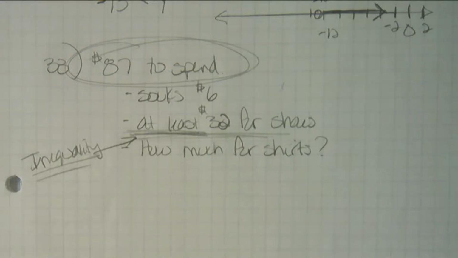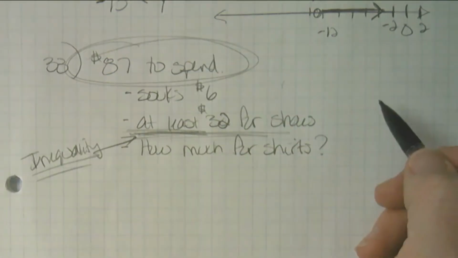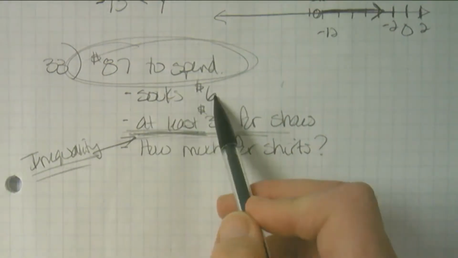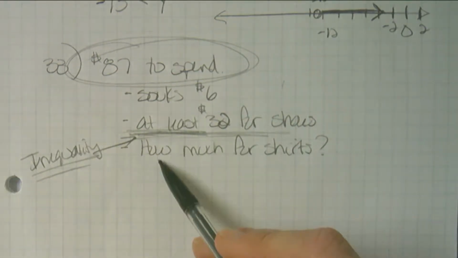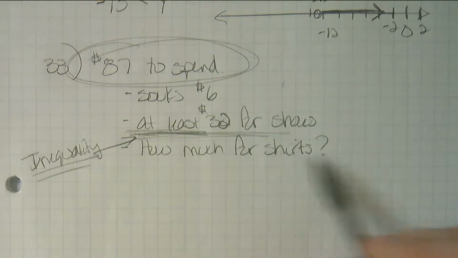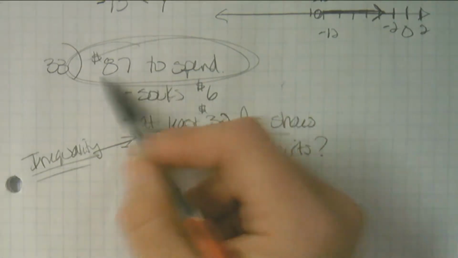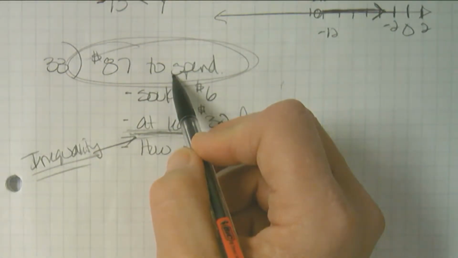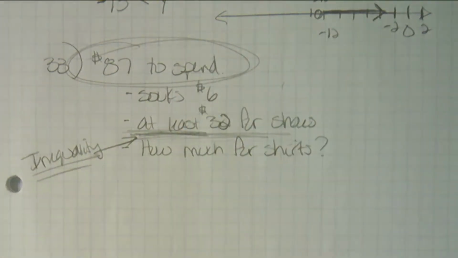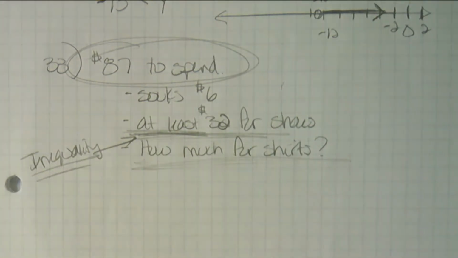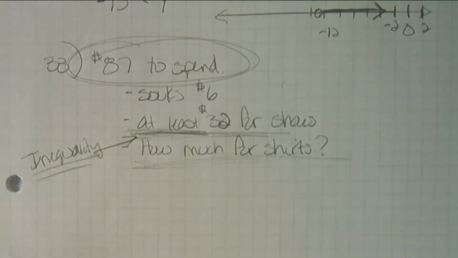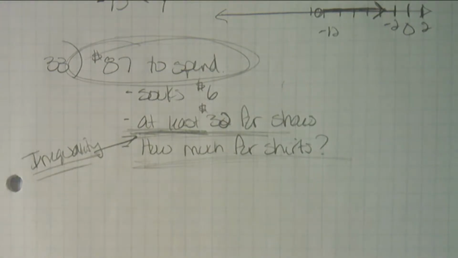But because it says at least, they could have said $6 on socks, $32 on shoes. How much money do they have possibly left for shirts if we have a maximum of $87 to spend? Stating that it's a maximum of $87 also indicates that it would be an inequality. The possible amounts for shirts would also indicate that it's an inequality. So there's several different ways that we can indicate this is an inequality.